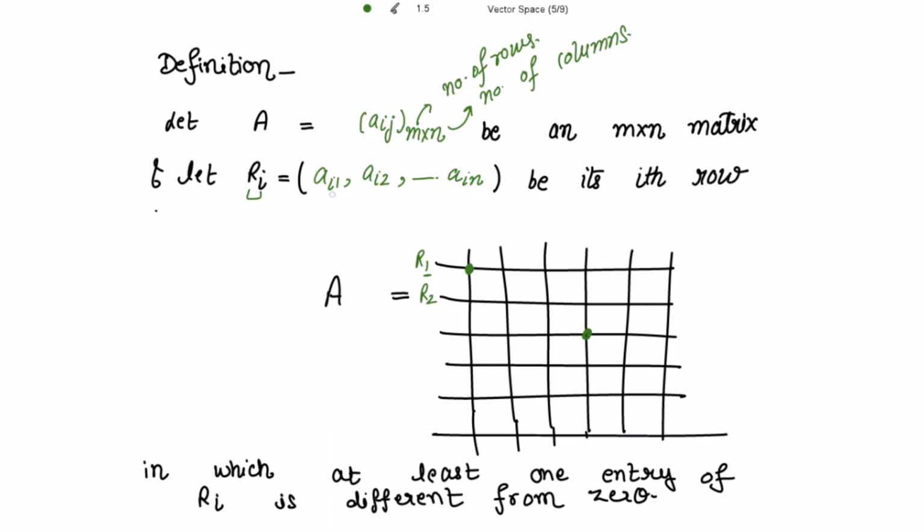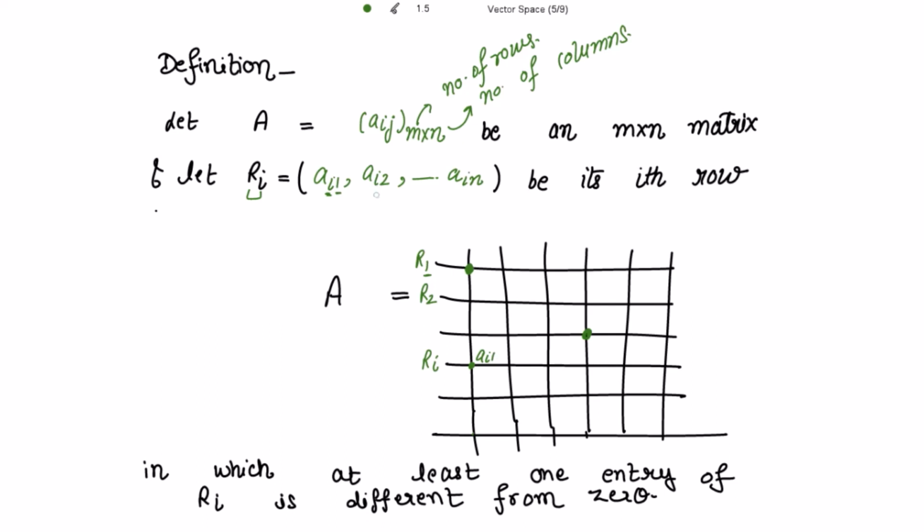Now what is Ai1? This is your row and this is your column. Suppose this is the ith row. What is Ai1 then? The element in the ith row and the first column. This is your first column, this is the ith row, so this element is Ai1, right?